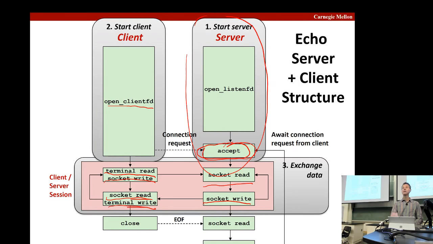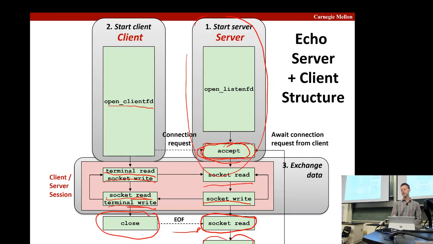That's the equivalent of the example session we saw before. Eventually the client closes, which sends end of file. When the server does a socket read, it gets end of file, which triggers a close, and that connection is closed down, and you go back to waiting for connections.